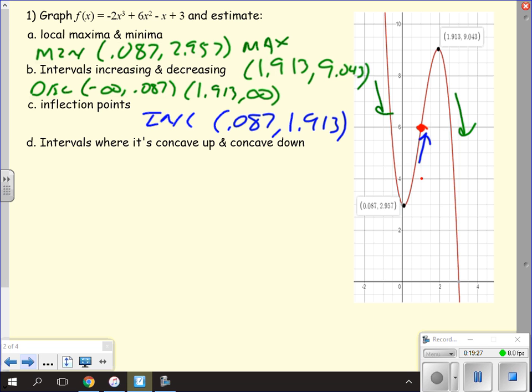It happens at x equals 1. And I do believe y is 5. Because I can do the calculus and I can figure it out algebraically, and this one's not that hard to do because I've done it lots of times.